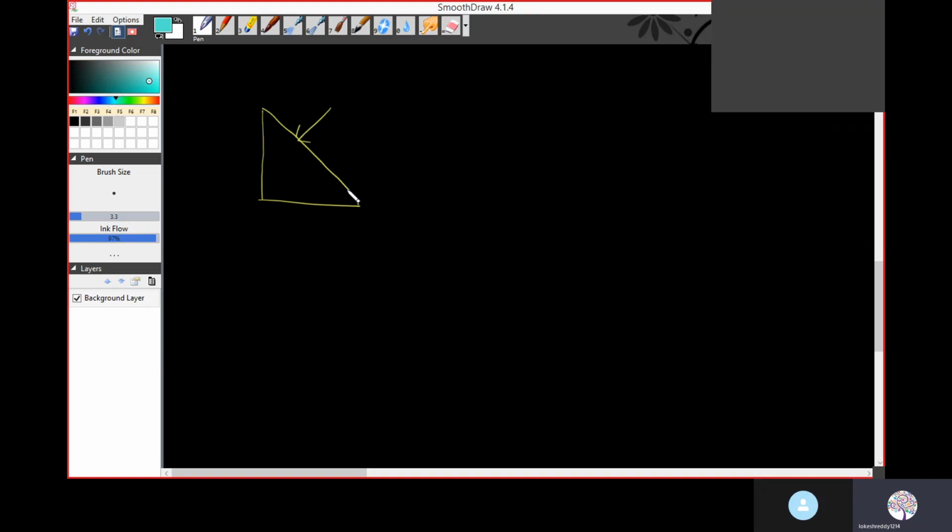The angle here is 60 degrees, and the refractive index of the glass is root 3. What is the value of the angle of emergence? This question was given in NEET 2021.